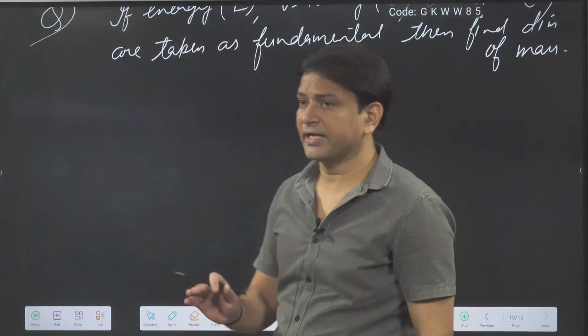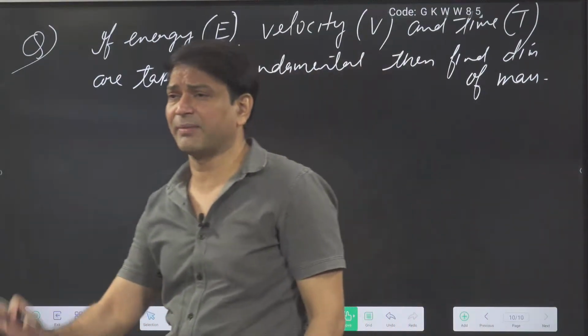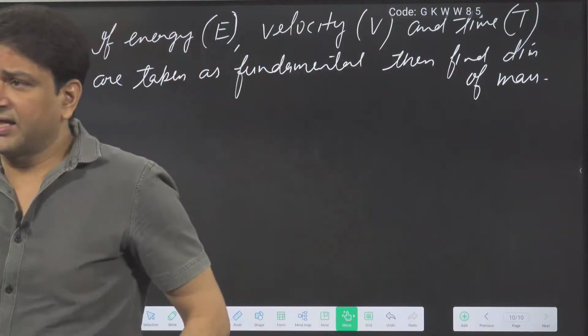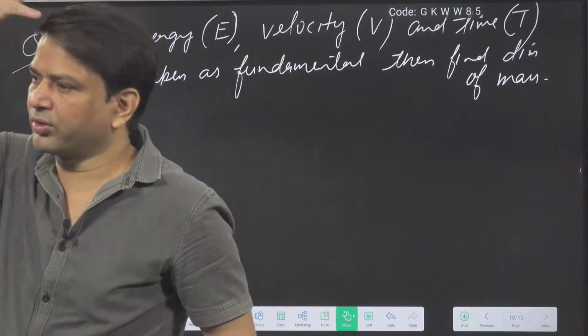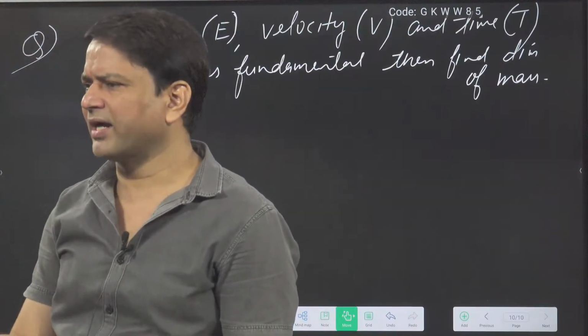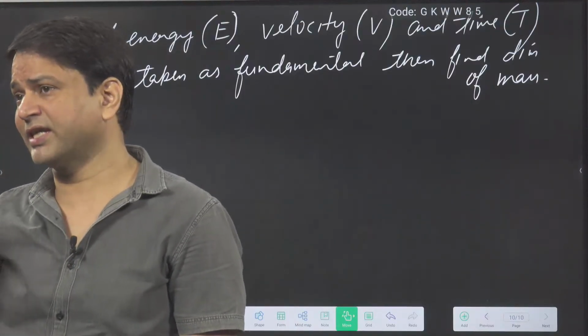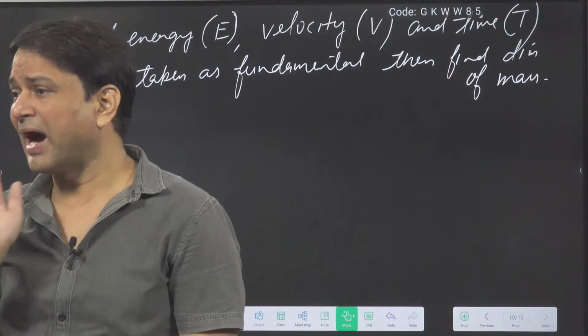Like here, energy, velocity and time I'm taking as fundamental. And then I'm asking what is the dimension of mass. So when I talk about energy, whether kinetic or potential, energy is energy. Mass I require.